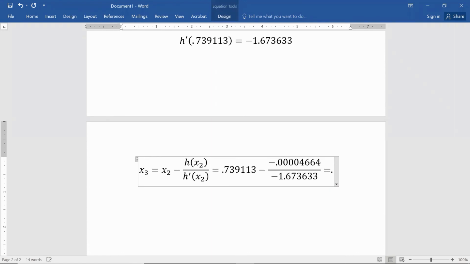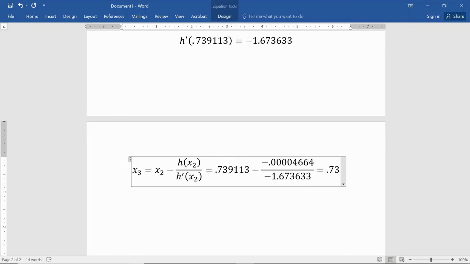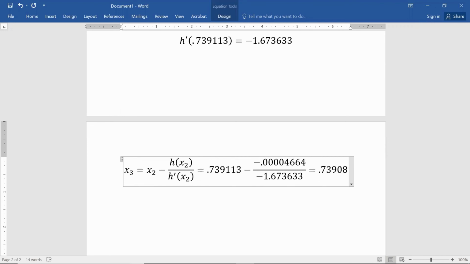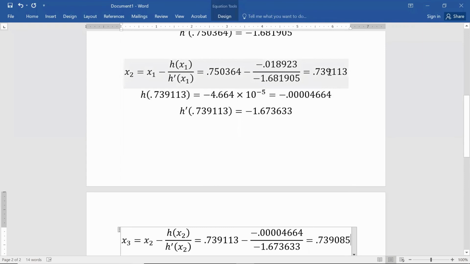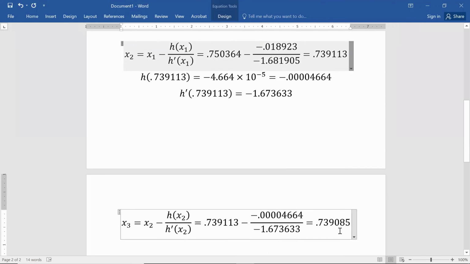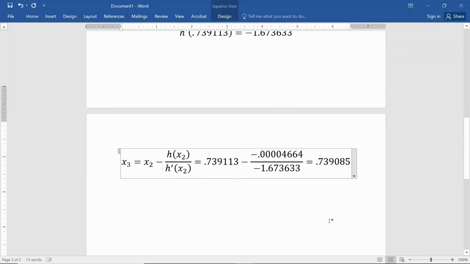When I ended up doing that, I got 0.739085. You can see that this is very close to the second iteration. So if somebody asks you to round the root to 3 decimal places, you could say, well, I know that rounded to within 3 decimal places, that's 0.739.